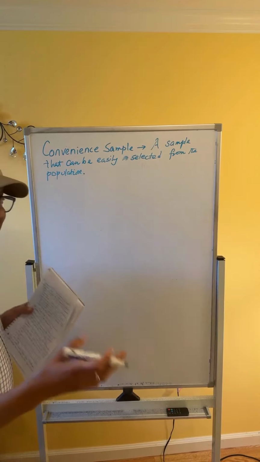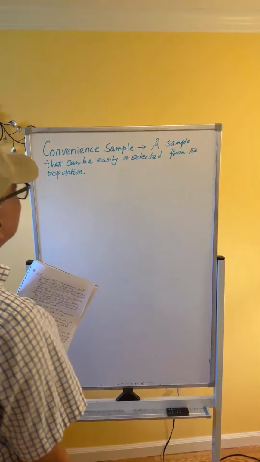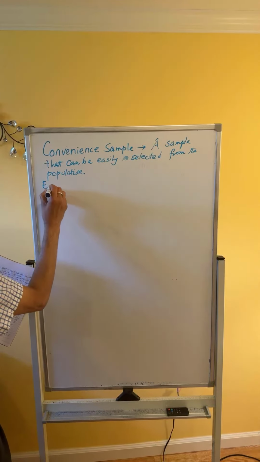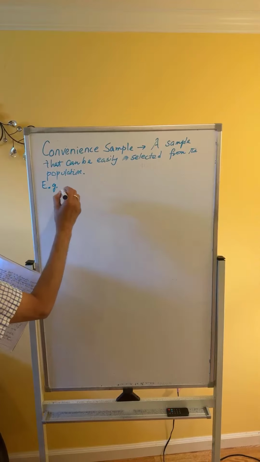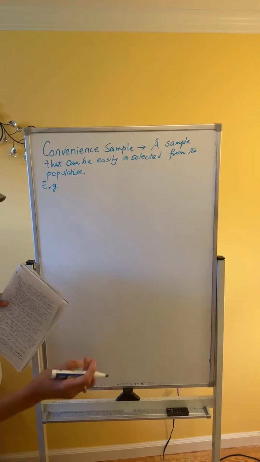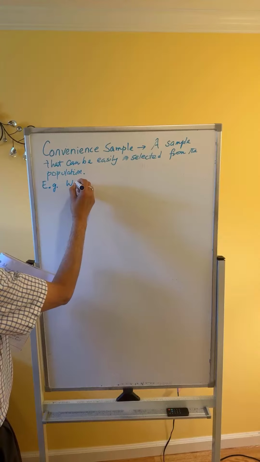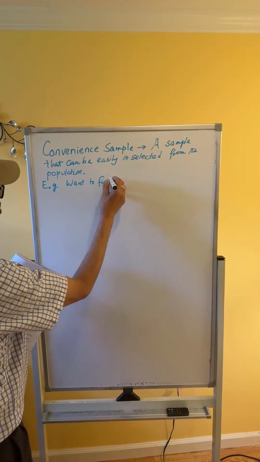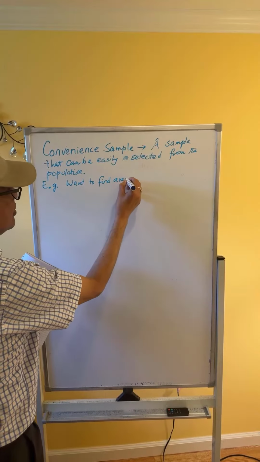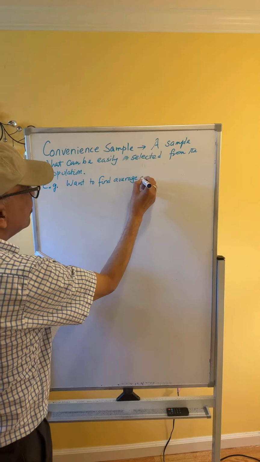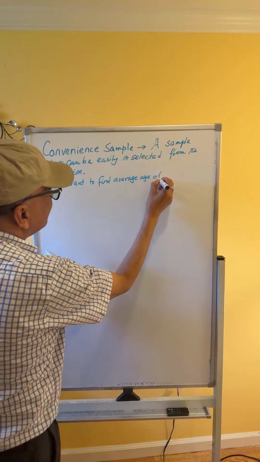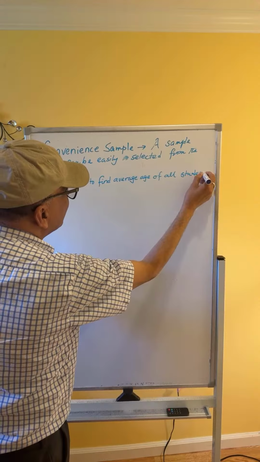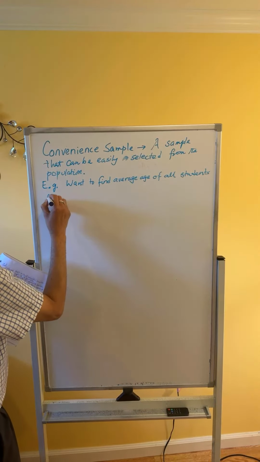You ask me what is an example of a convenience sample? An example, E.g., means for example: I want to find the average age of all students at a college campus.